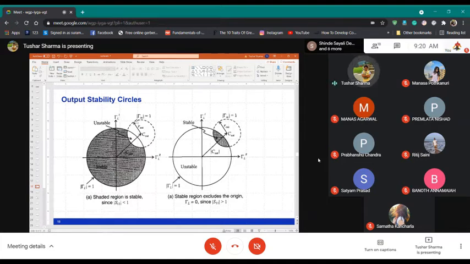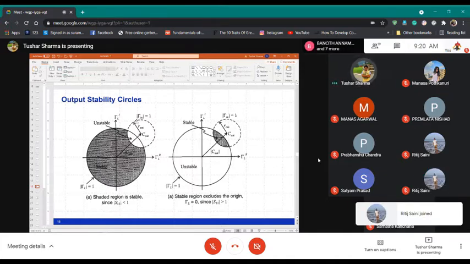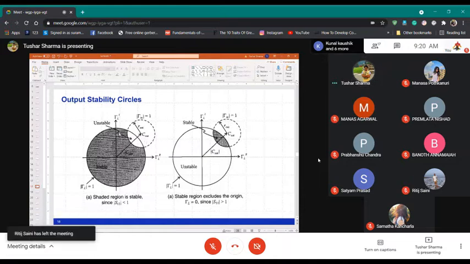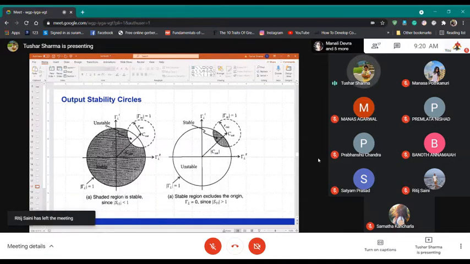If that is greater than 1, it means your impedance is outside the Smith chart, because the maximum on the Smith chart is gamma equal to 1. So we don't want gamma to be greater than 1. We make sure gamma is equal to 1, and for that, we plot our stability circle based on our R and C. Then we identify which region is unstable and which region is stable.